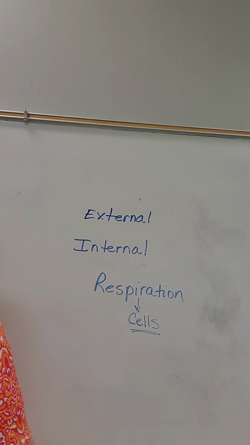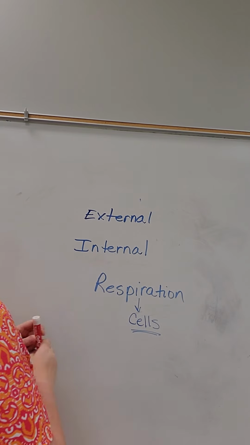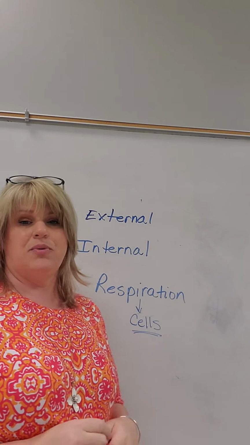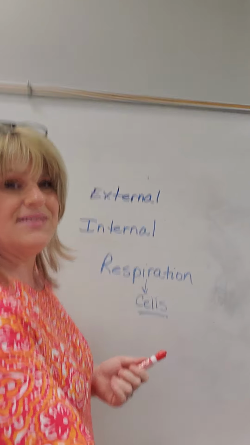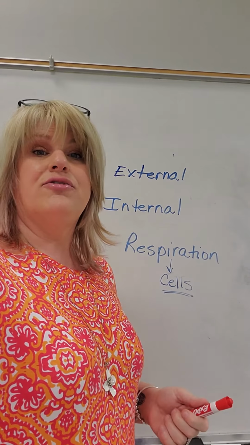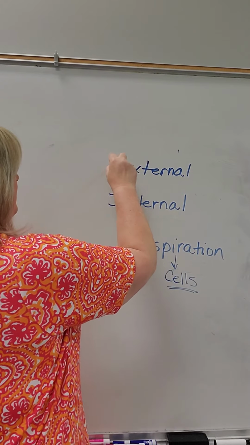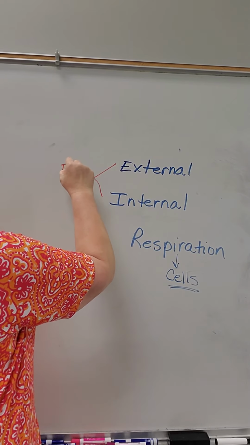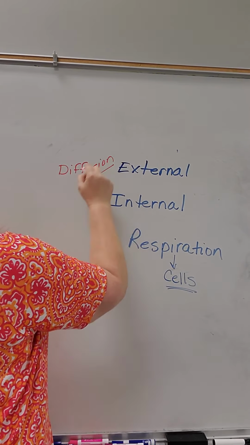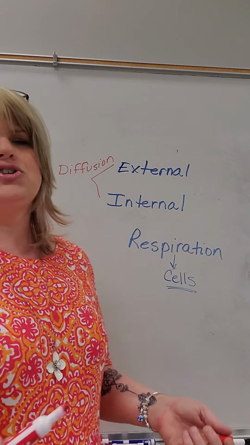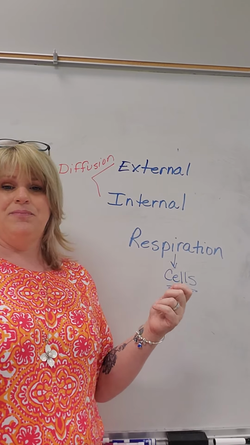So you have internal and external respiration. Both occur by, say it, diffusion. Who knew when I taught you diffusion about the cells that you would need it so much, but I told you you will, and this is a good example.